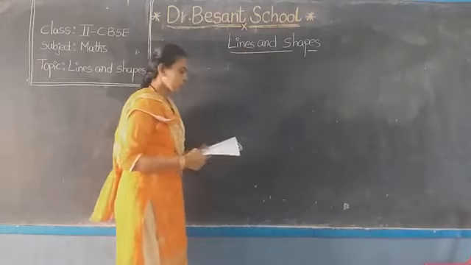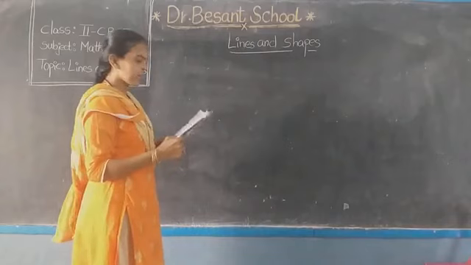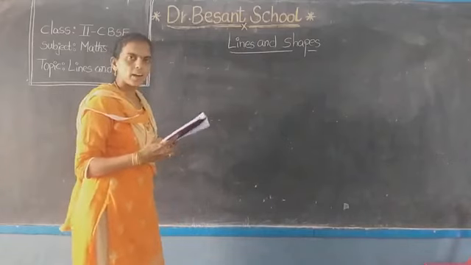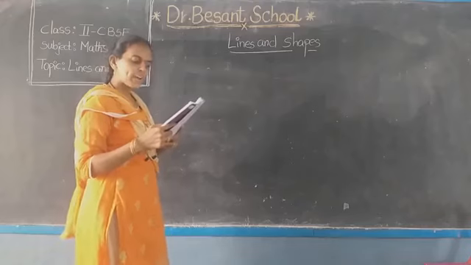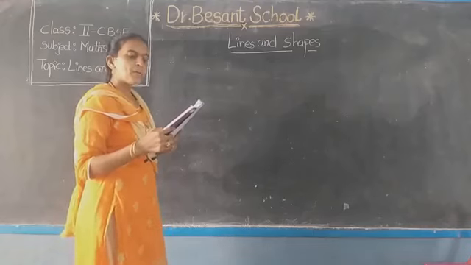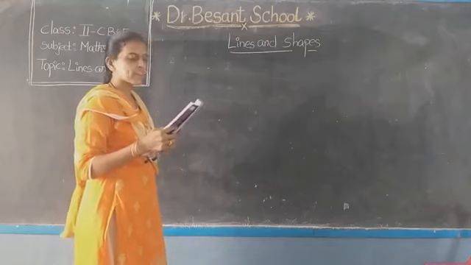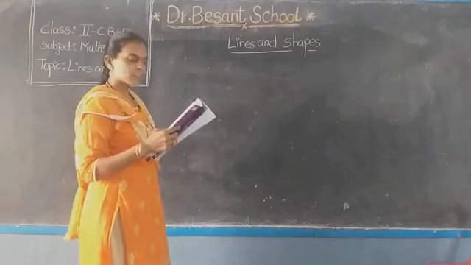Now, see here, second question I am reading. Use a ruler. Ruler means a scale only, to draw straight lines to join the pairs of objects. Here the objects are given.